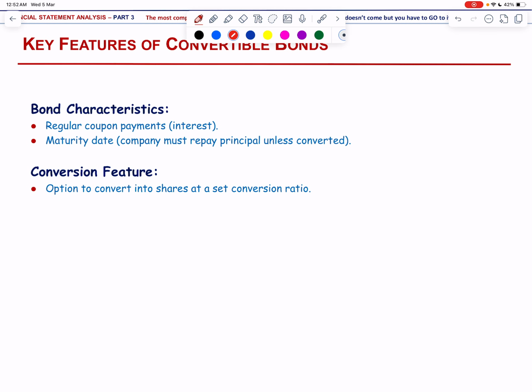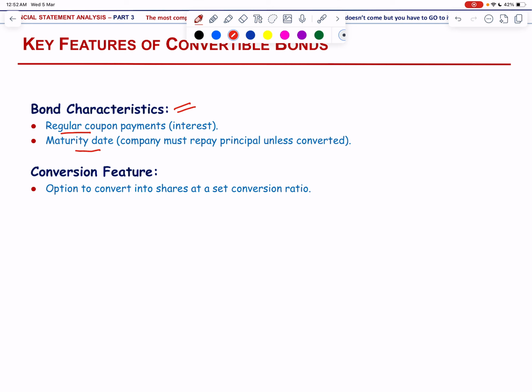Coming to the bond characteristics, now they are like regular bonds. They pay interest called the coupon and have a maturity date. They are a form of debt that the company needs to repay, that is the principal plus the interest, unless converted into stock.